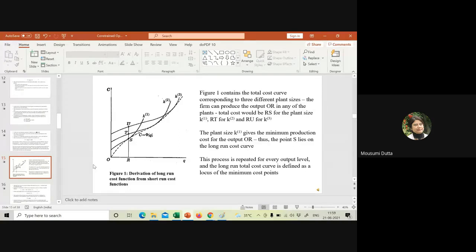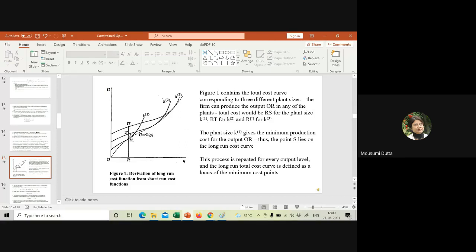So, which plant will I select? 1, 2 or 3? We will select plant 1, RS. One cost is RS, the second cost is RT, the third cost is RU.